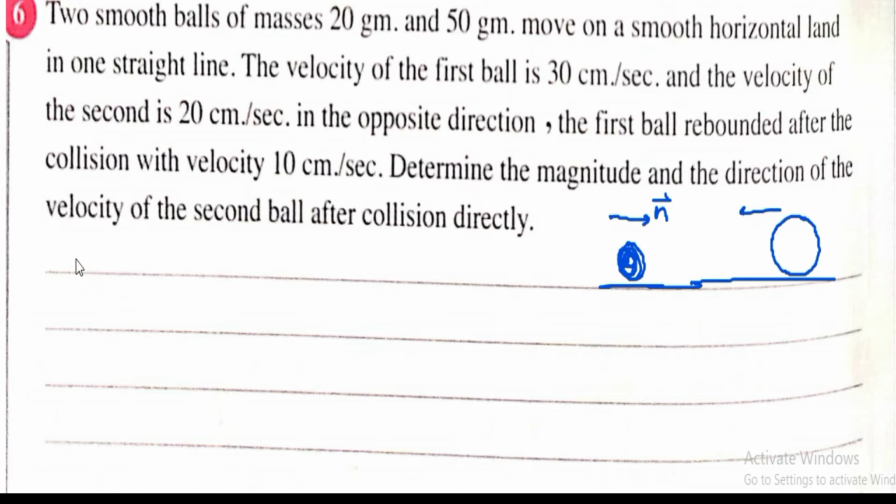So we have V1 equals 30 N. V2 moves in the second direction, so it will be negative 20 N. The first ball rebounded after the collision with velocity V'1 in the opposite direction, negative 10 N.